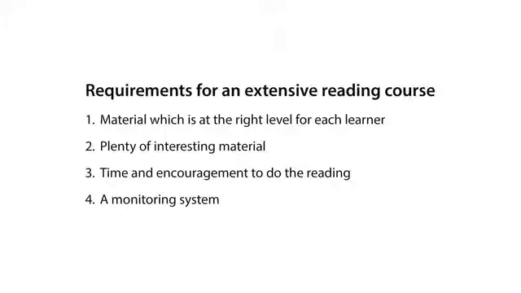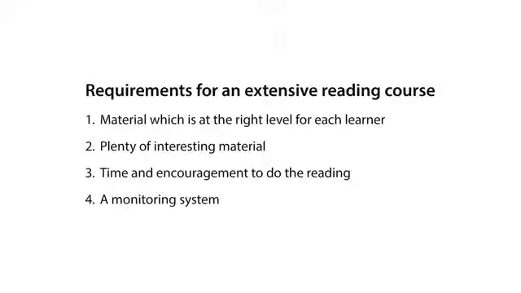The second requirement for a graded reader program is doing plenty of reading, making sure that the reading is truly extensive, and learners should be reading at least a book a week. The third requirement for extensive reading is that there is time to do the reading and encouragement to do the reading.